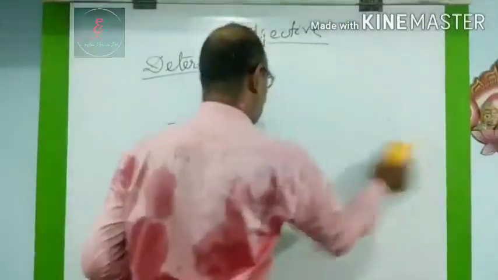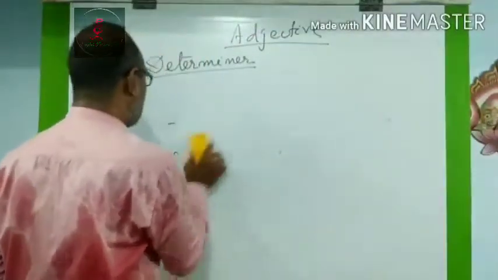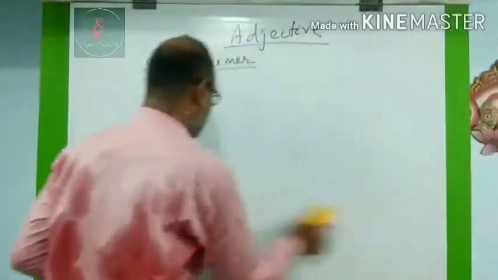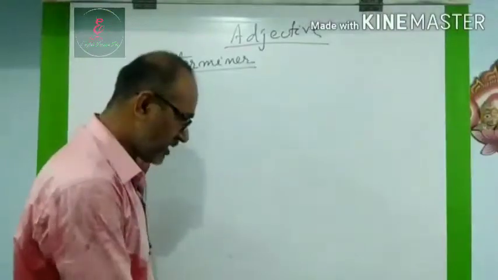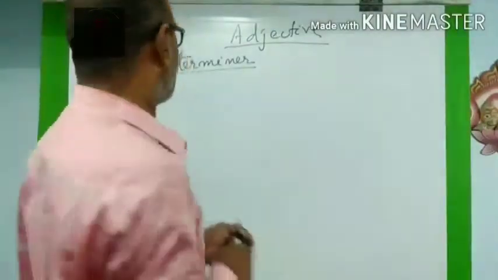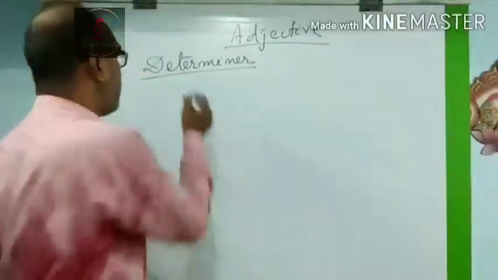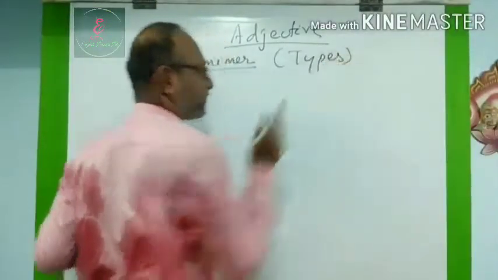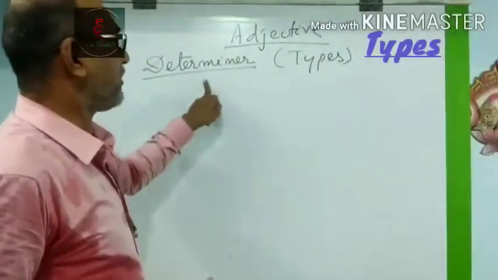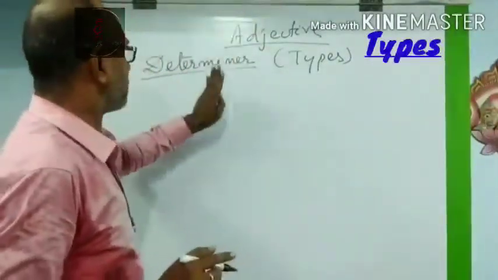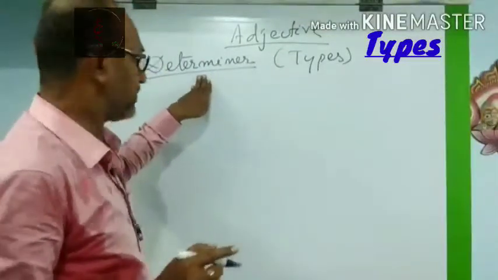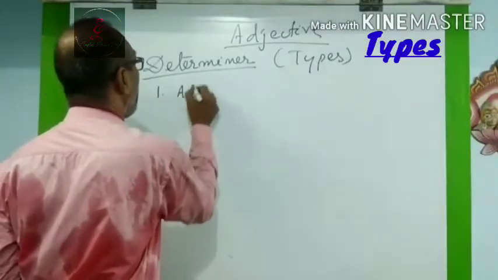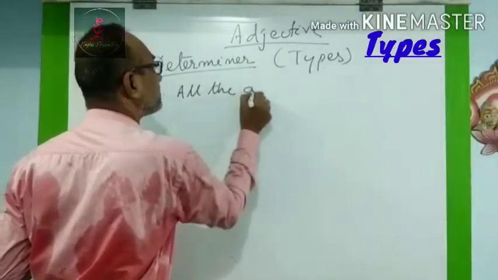As we understand, they are only different due to their uses and placements in the sentences, though their meaning remains the same. Yes. So under types of determiner or adjective, the first type is all the articles.